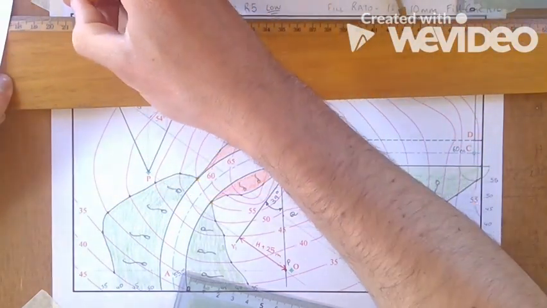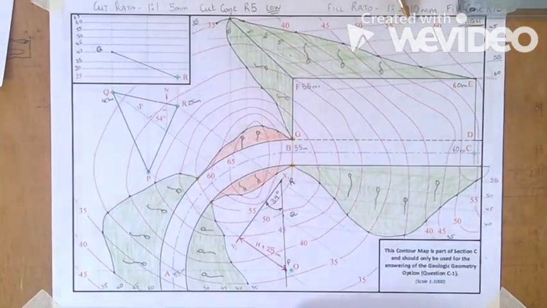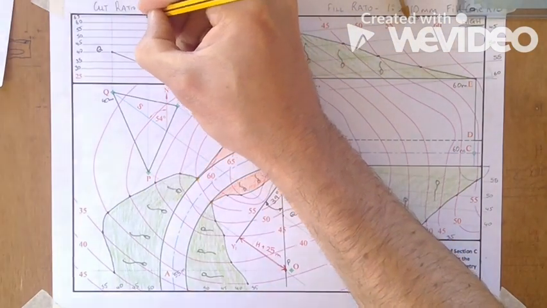Just need to go up to 65 on my contour map. And there's point P.